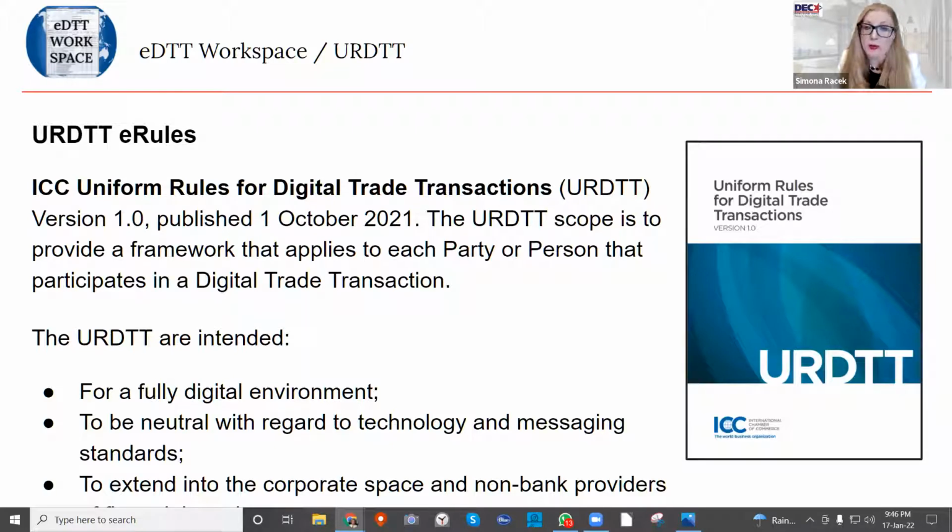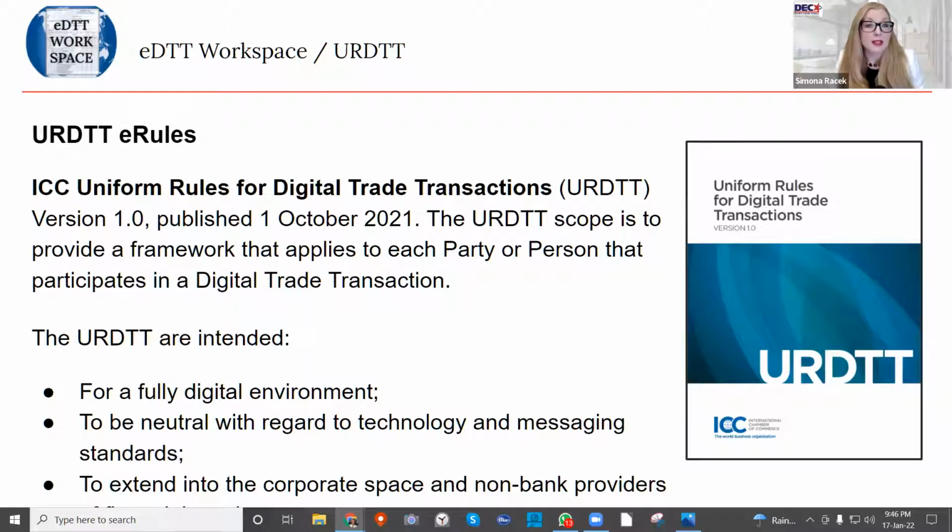The rules provide a framework that applies to each party or person that participates in a digital trade transaction. These rules are intended for a fully digital environment, to be neutral with regard to technology and messaging standards, and to extend into the corporate space and non-bank providers of financial services.